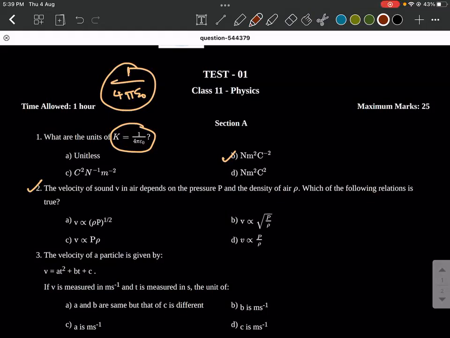So the velocity of sound in air depends on the pressure and density. Which of the following relation would be correct? So what are the steps to be followed?